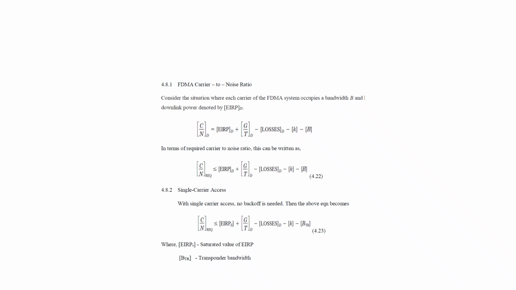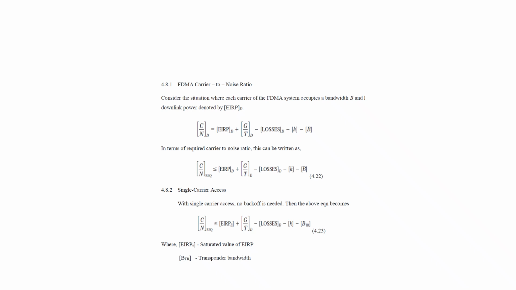The loss is the sum of all the losses, K is the constant, and B is the bandwidth occupied. In terms of the required carrier to noise ratio, the above equation can be further modified as: (C/N) required should be less than or equal to EIRP downlink plus G/T downlink minus losses minus K minus B.